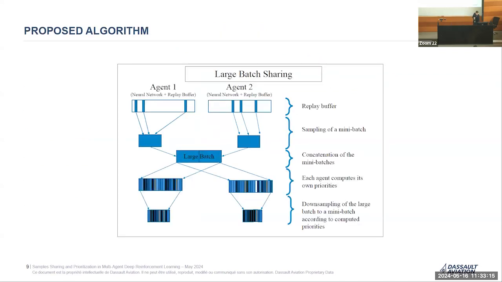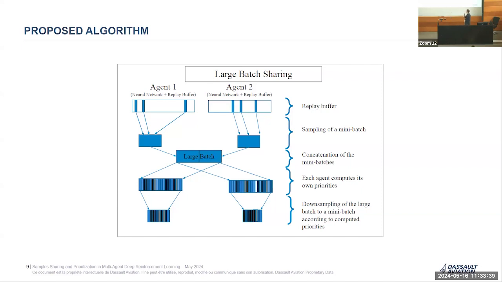So we proposed an algorithm named the large batch sharing algorithm. The idea is that at each learning step, each agent samples a mini batch from its replay buffer. Then the mini batches are concatenated to form a large batch, and this large batch is shared among all agents.